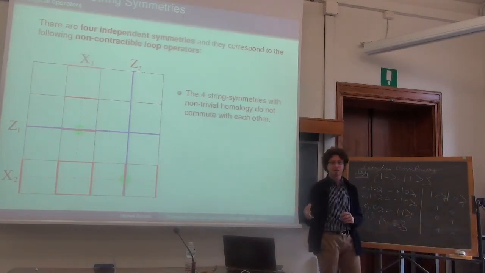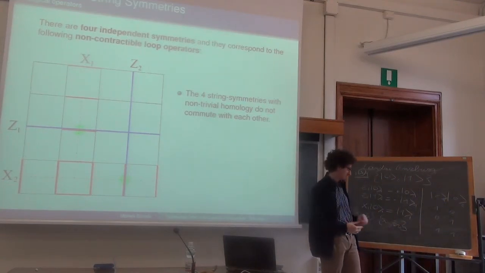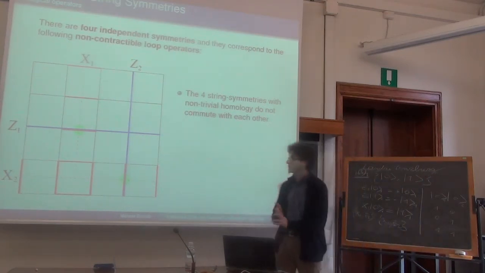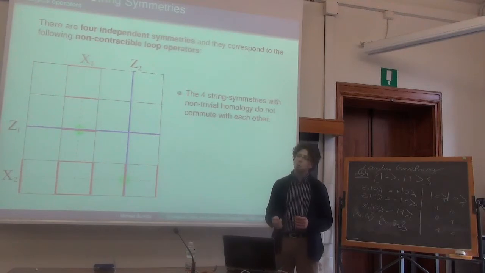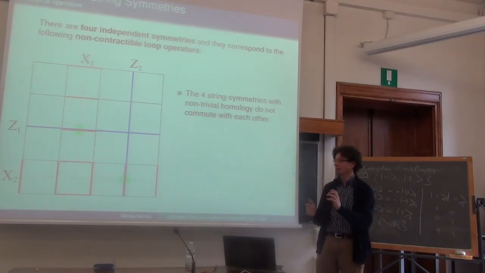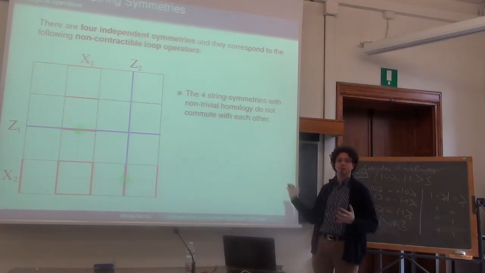If you want to understand what is happening in terms of the string operators, so what is the macroscopic description of this system, you may initialize your system, for example, in a set of eigenvalues of sigma x.